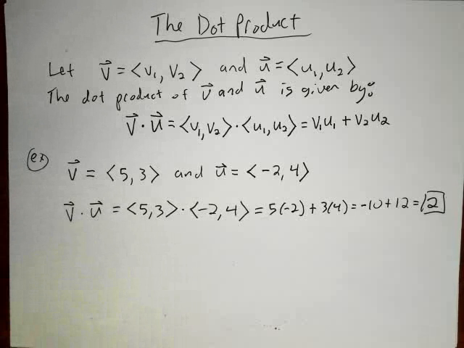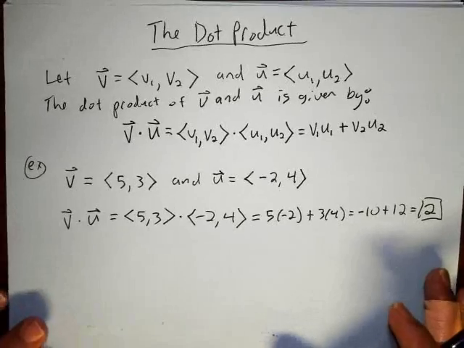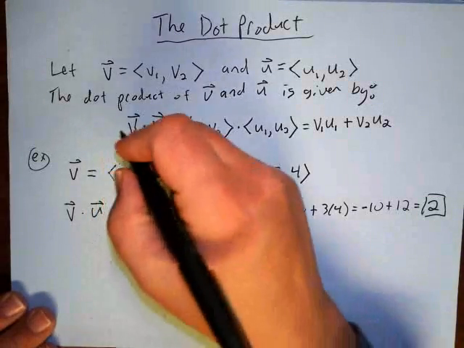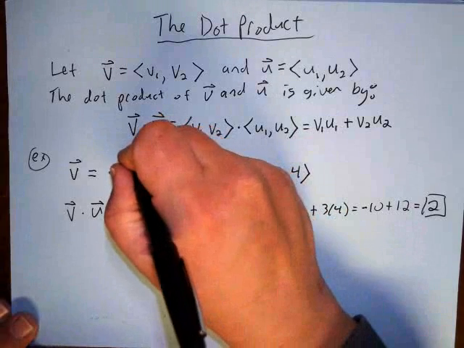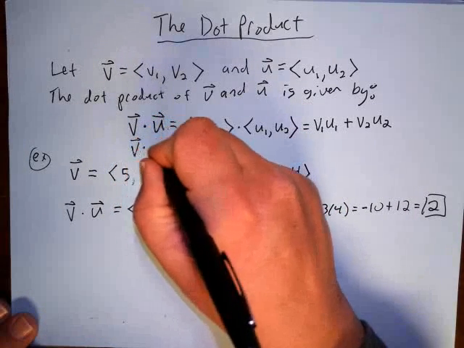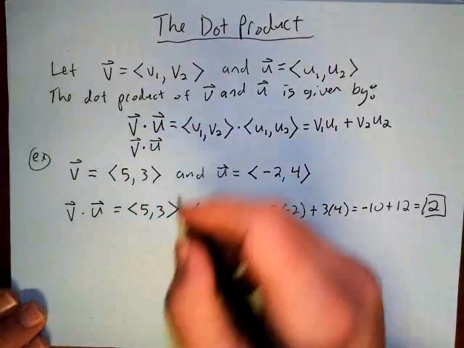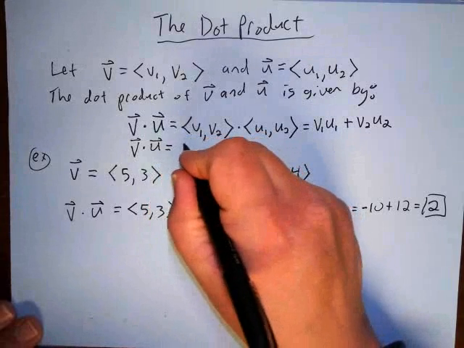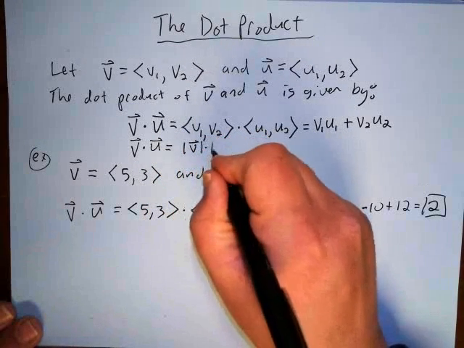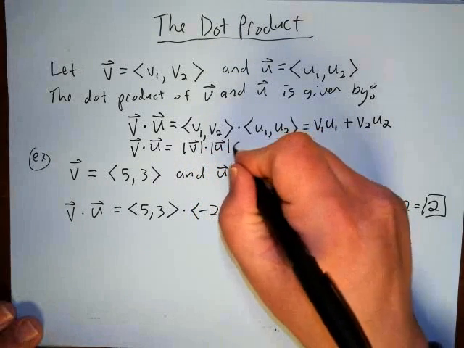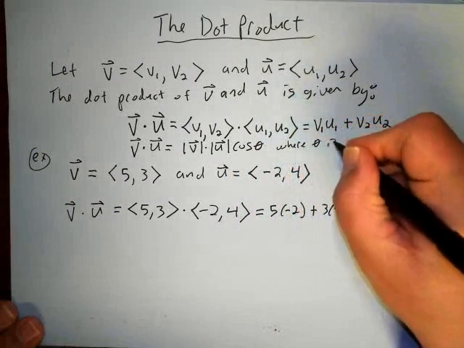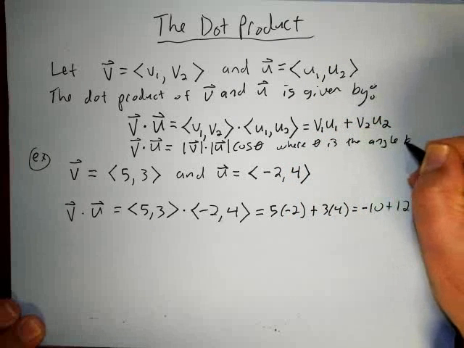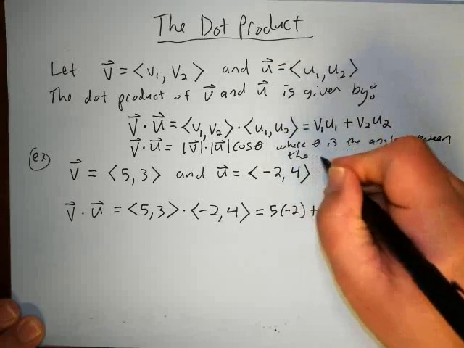Now the interesting thing is it has a very interesting geometric interpretation, and I'm not going to go into all of that, but what I do want to show you is that this is the way to compute it when given the component forms, but another way to define the dot product of two vectors is to take the magnitude of the two vectors times the cosine of theta, where theta is the angle between the vectors.